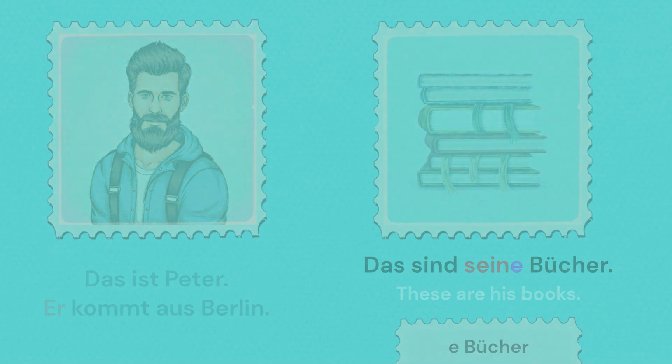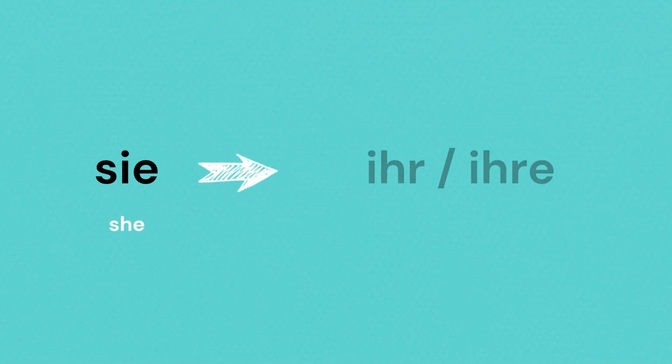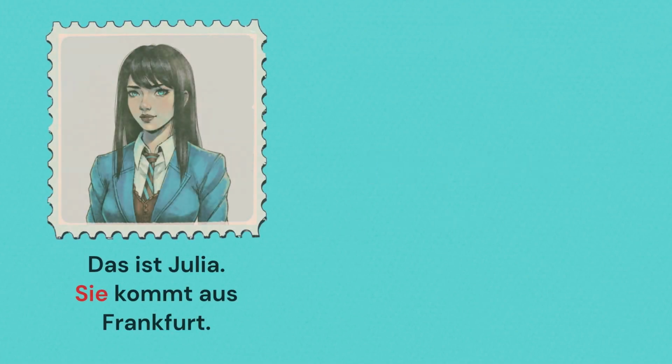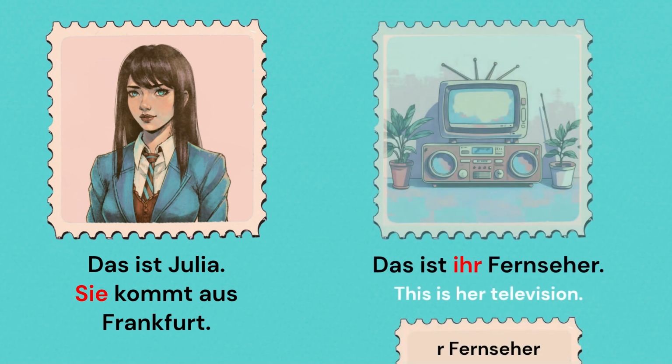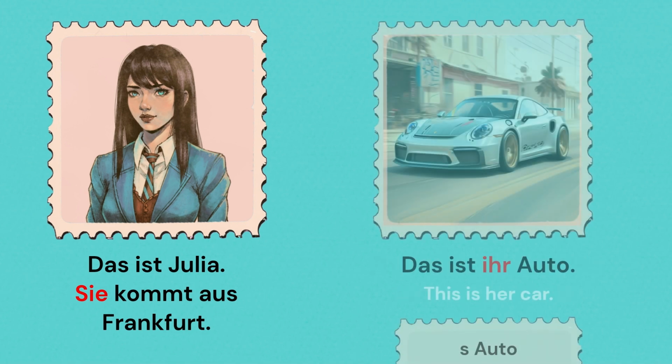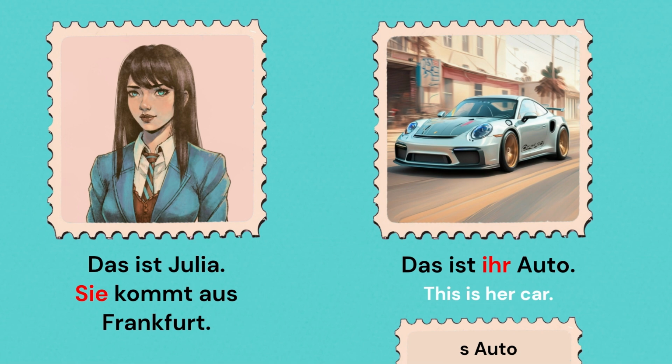The next singular pronoun for feminine is sie, and the possessive articles in nominative are ihr or ihre. Let's see how to use them. Das ist Julia. Sie kommt aus Frankfurt. Das ist ihr Fernseher. Das ist ihr Auto.